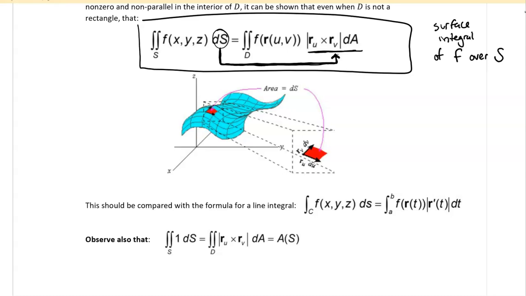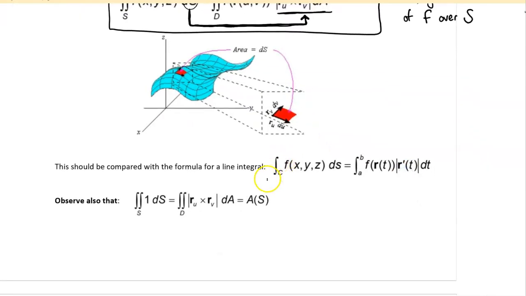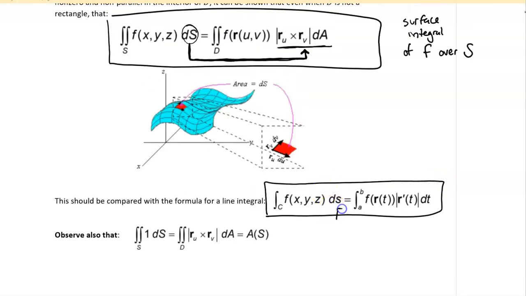Similar idea, I think you might notice. You'll notice that we replaced this ds with the magnitude of a derivative thing, dt. We have the same idea here, a magnitude of a derivative thing, but we have two different directions in which we have to take our derivatives. So we do a cross product to put those together.